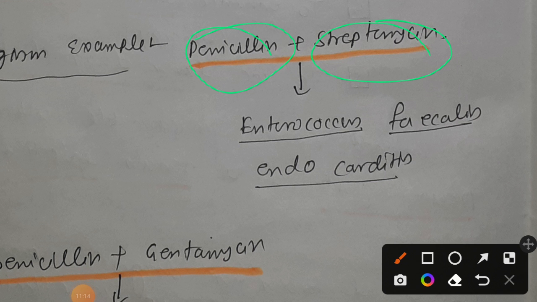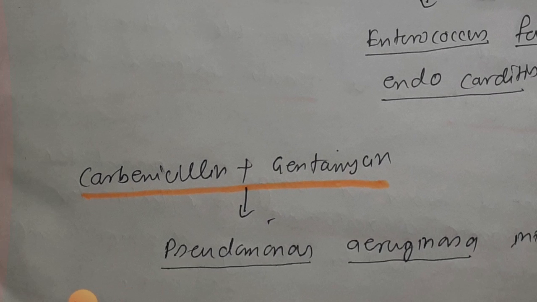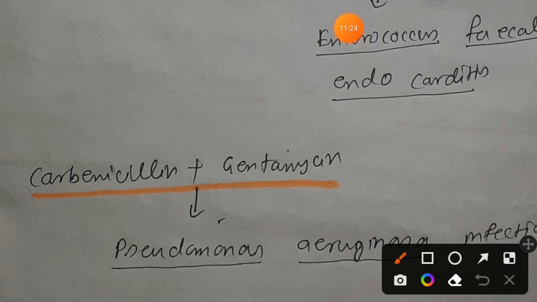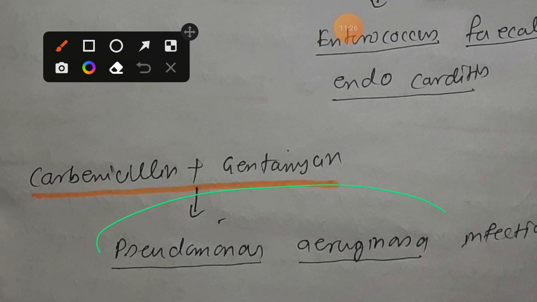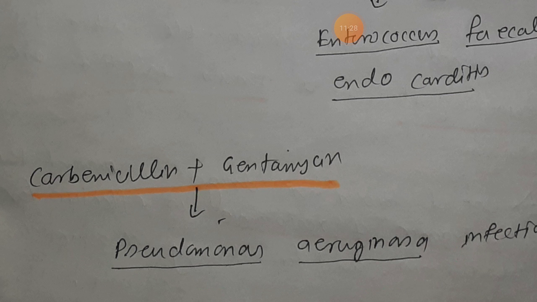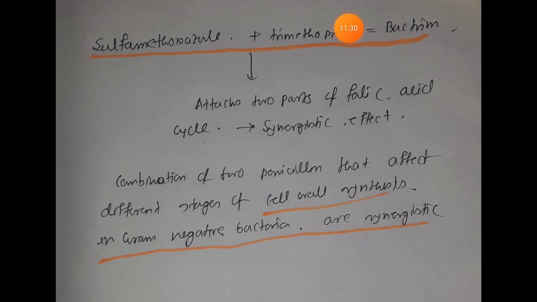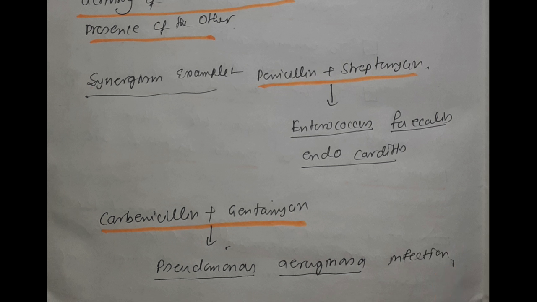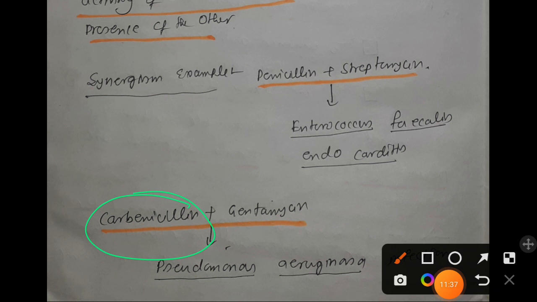So the combination of penicillin and streptomycin we use for Enterococcus faecalis endocarditis treatment, and the carbenicillin and gentamicin combination we use for treating Pseudomonas aeruginosa infection. Okay, clear? And I have not discussed their mode of action here, because carbenicillin is a cell wall synthesis inhibitor and gentamicin is also another aminoglycoside.